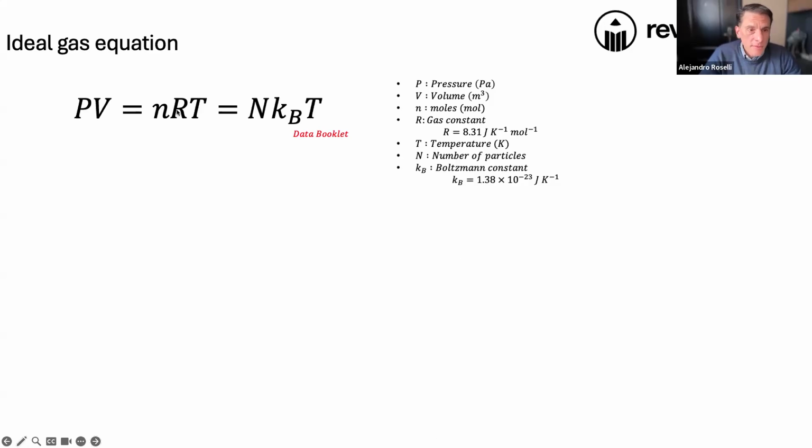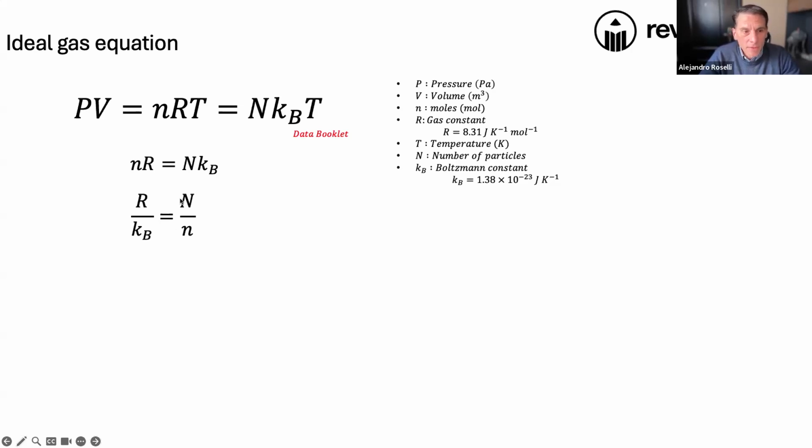Now, one thing to notice is that we have an equality, nRT equals NkBT. The mathematical consequence of this is that the number of moles multiplied by the constant R equals the number of particles times Boltzmann's constant. This equality can be rearranged as follows.